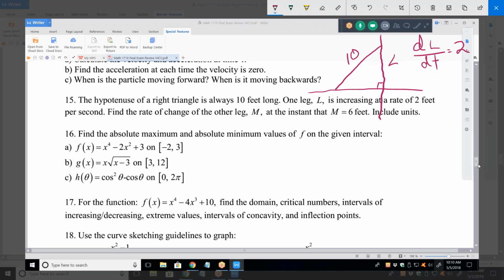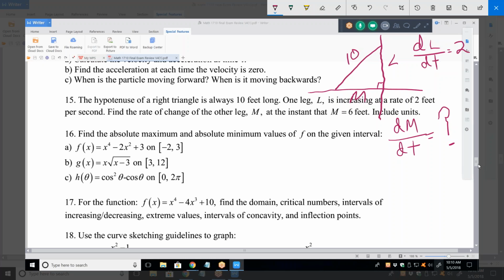Then the other leg, they want us to find the rate of change, so they're looking for dm/dt. That's what we're solving for. Tell me the master equation that governs this picture. That's always the next question you want. In fact, that sometimes is the first question. But writing out what they give you and what they're looking for in terms of differentials is important also.